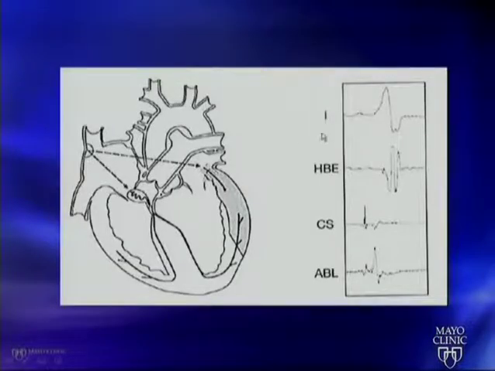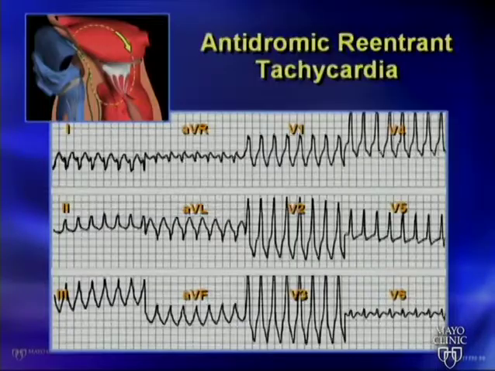Now, for the boards, there are a couple of things that you should appreciate about WPW, which I'll cover in the afternoon lecture. But the key thing is antidromic reentrant tachycardia is always going to be a wide complex tachycardia. So remember the simple thing between orthodromic and antidromic.